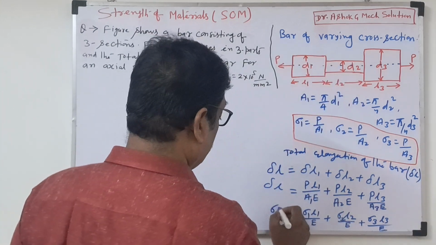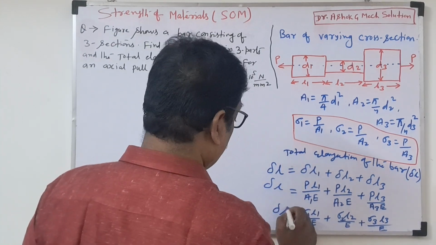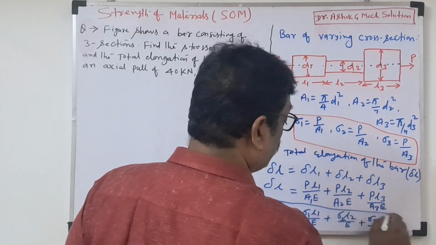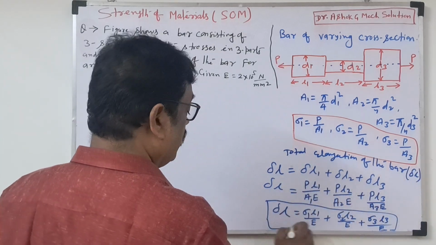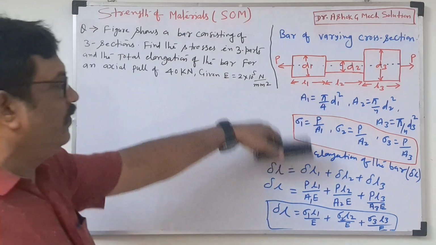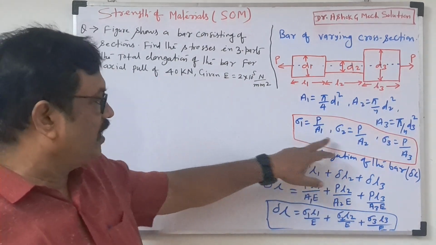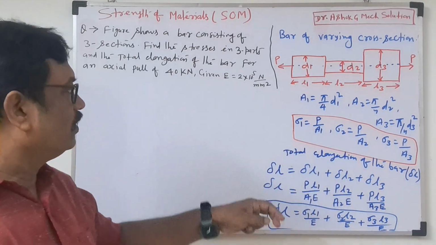This is called the total elongation. You substitute either here or here. This is a very simple concept. If you know the derivation, the area of each part A1, A2, A3 and the stress, then you get the total elongation. This much they are asking.